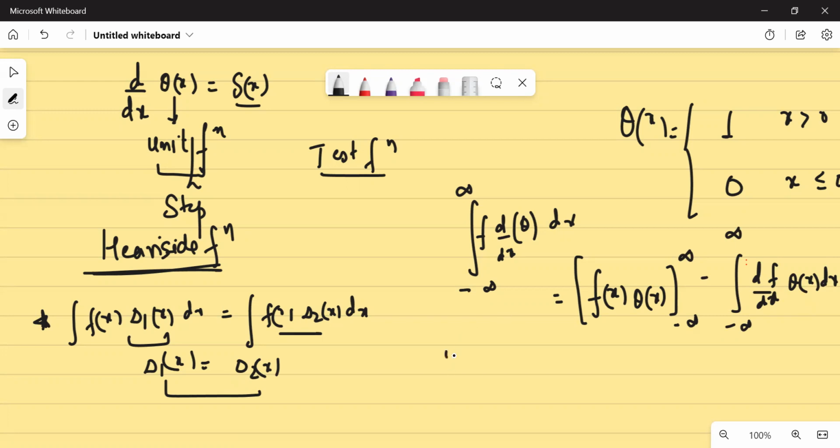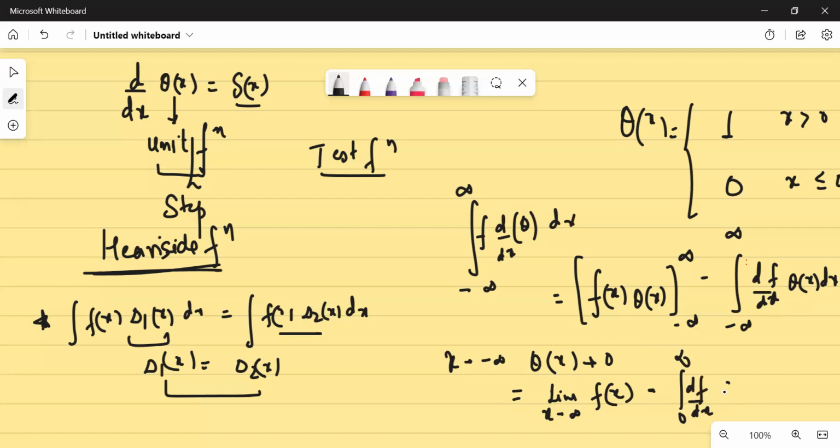Now you can see as x tends to minus infinity, theta x tends to 0, so the lower limit gives 0. And theta x is 0 for all x less than 0, so why not integrate from 0 to infinity of df by dx into theta x, where theta x becomes 1, dx.